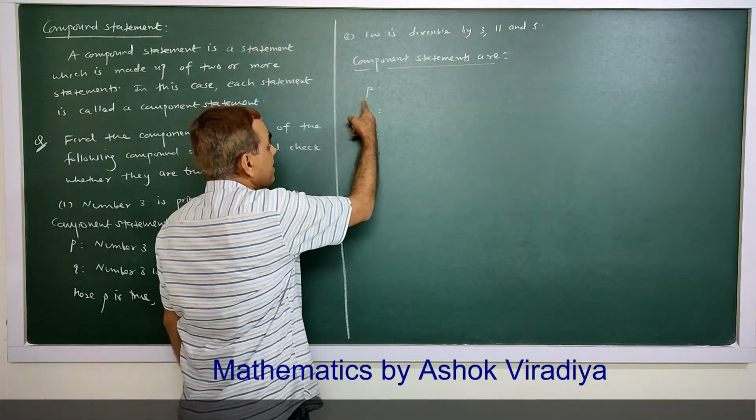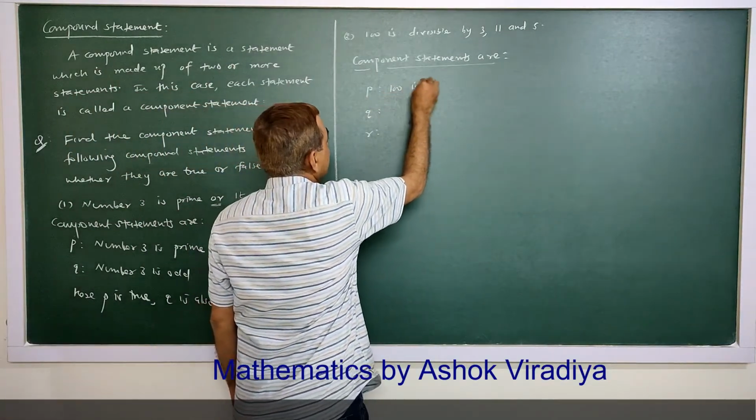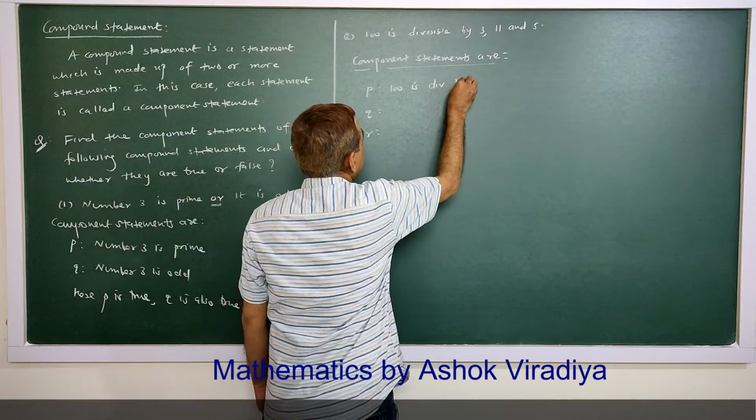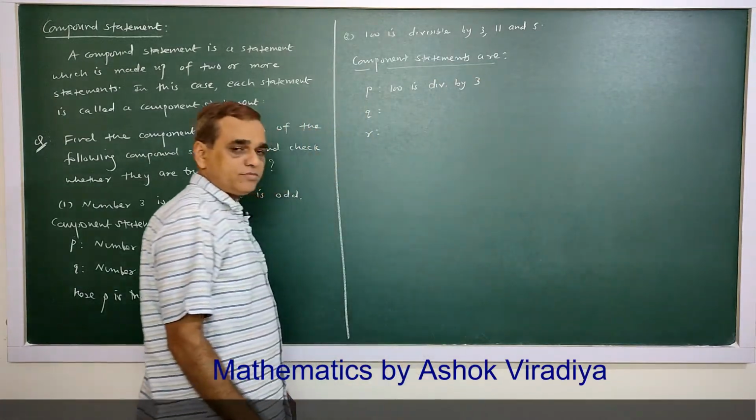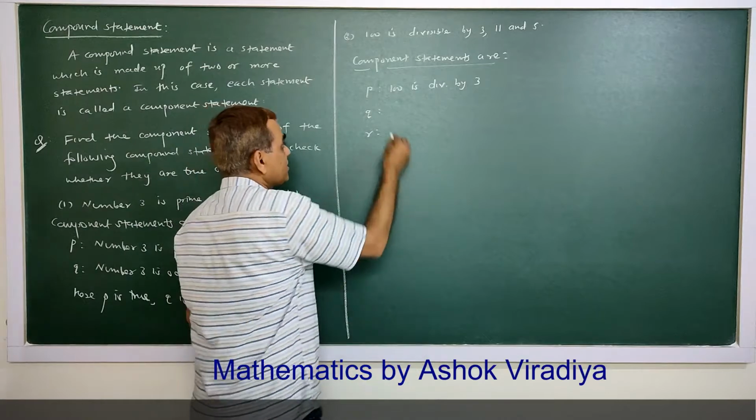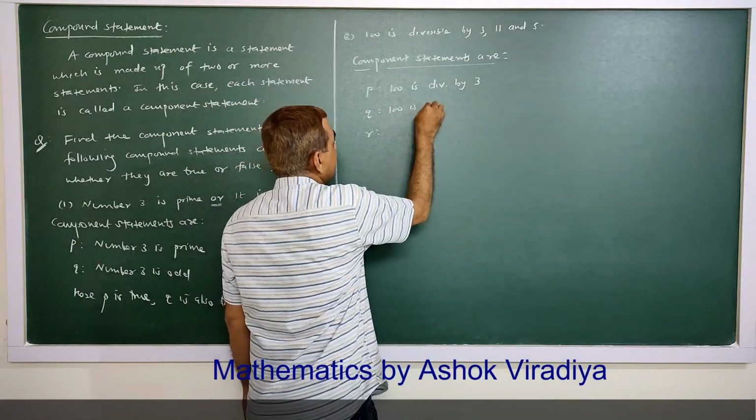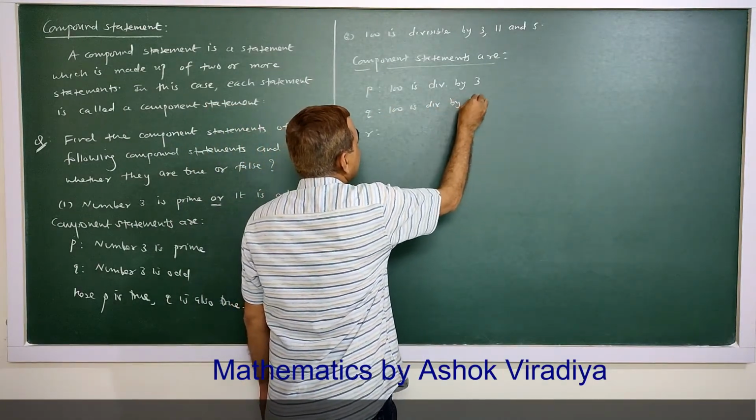The first component statement is 100 is divisible by 3. The second is 100 is divisible by 11.